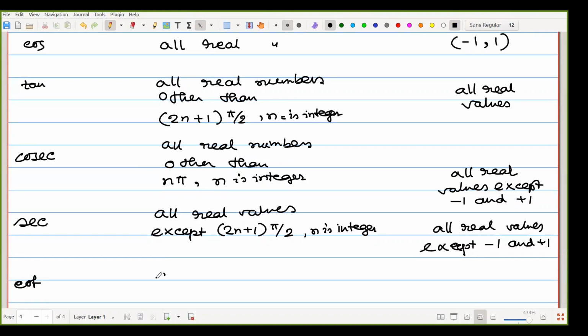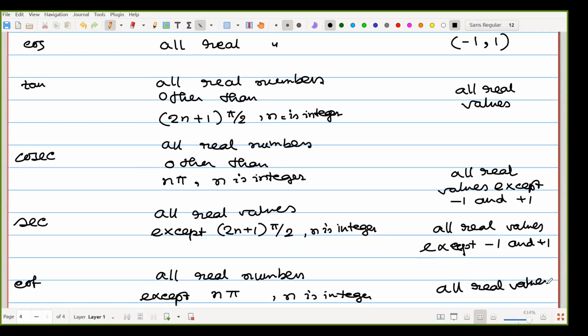So that is all real numbers or values except n pi, already we have found, where n is an integer. So it is giving always all real values.